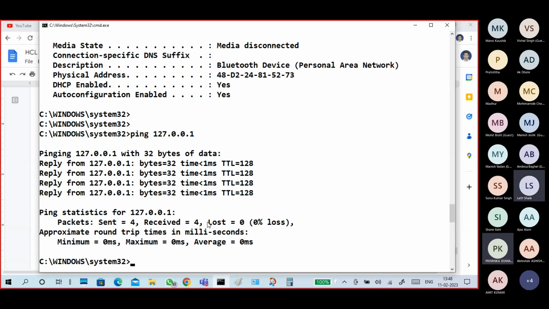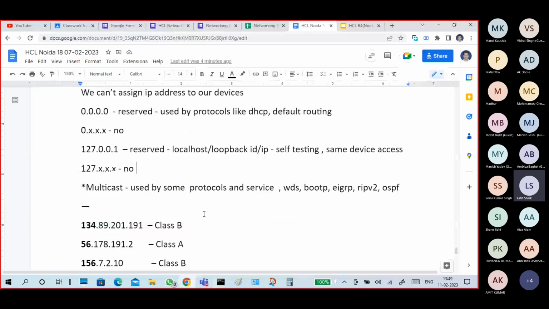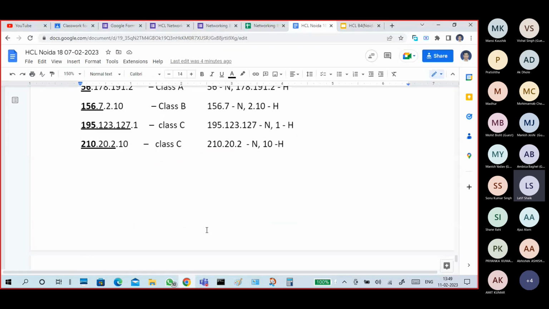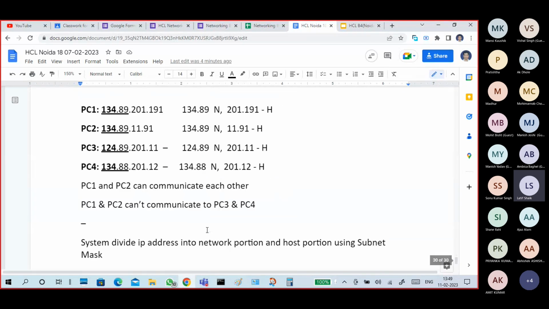Next one is local host. Local host I can understand as the same as loopback. Now the subnet mask. You have a certain IP address.